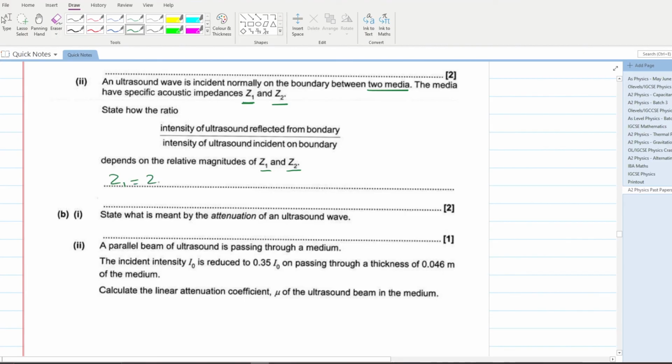If Z1 is equal to Z2, most of the ultrasound will get transmitted. The reflection term will approach 0. So if Z1 is equal to Z2, the ratio approaches 0 and most of the ultrasound gets transmitted.